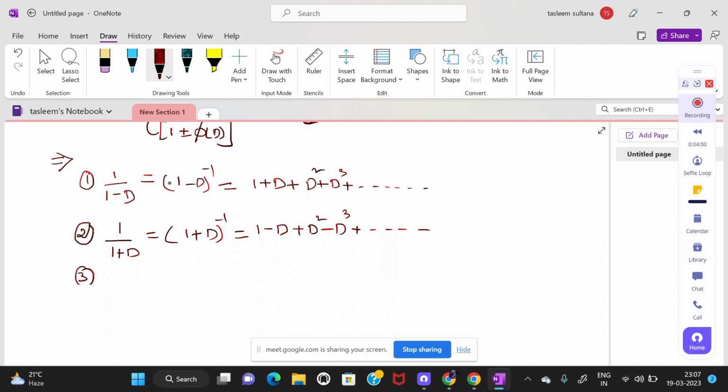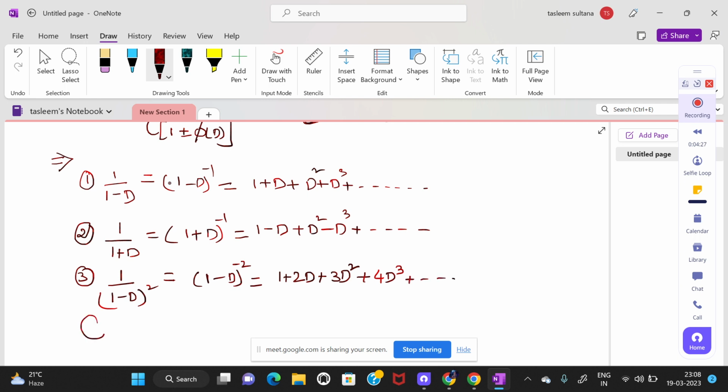Next, third will be 1 by 1 minus D whole square, which is equal to 1 minus D whole to the power of minus 2, which is equal to 1 plus 2D plus 3D square plus 4D cube plus so on.